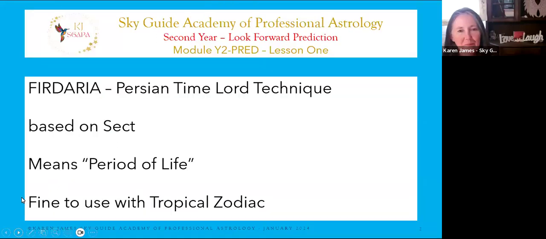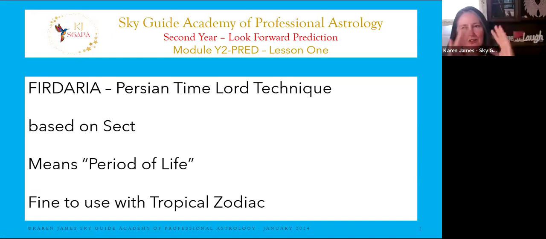So basically, when I do a look forward, I like to give my clients an overview picture to start with, starting from broad themes and then becoming more and more specific.